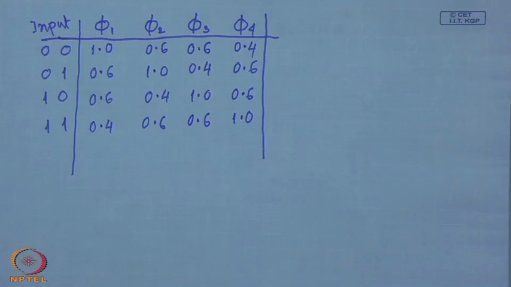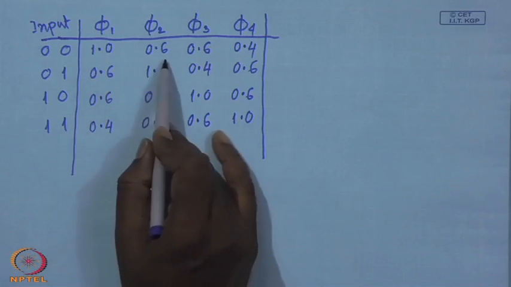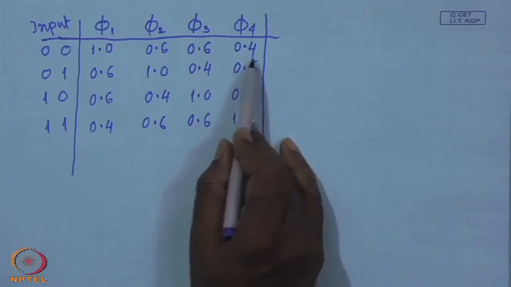So, you find that given a two dimensional feature vector 0 0, this has been cast into a 4 dimensional feature vector, where the components are 1.0, 0.6, 0.6 and 0.4.